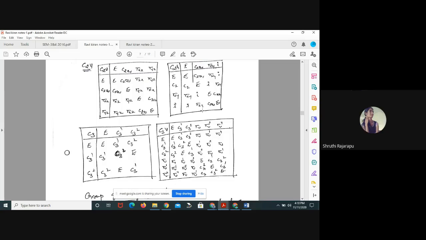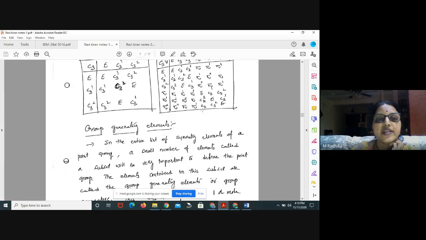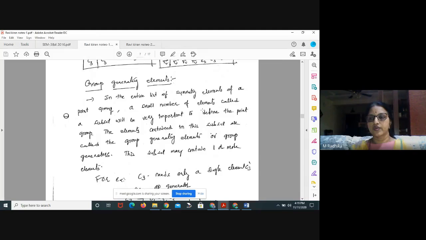Now we will go to the next smaller topic, that is group generating elements. We know what a group multiplication table is. We are writing a multiplication table for the point group, taking the rows and columns in Latin square form.